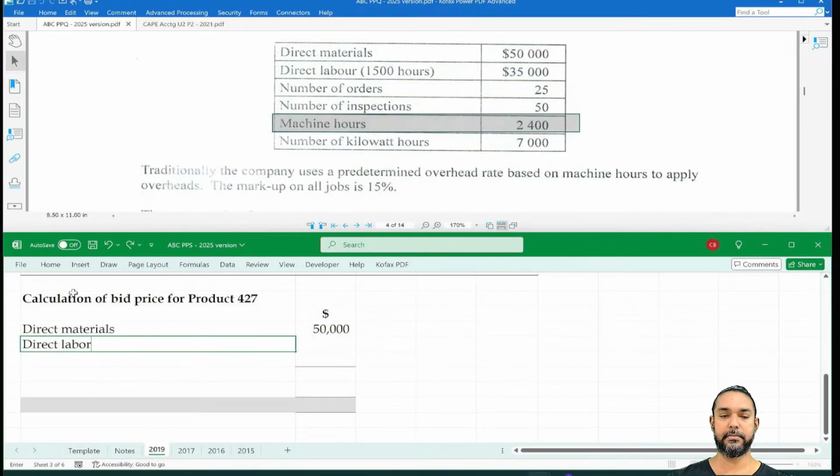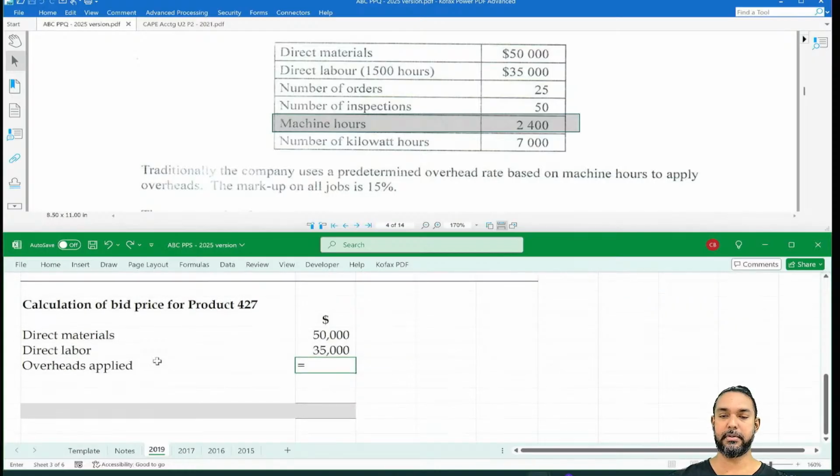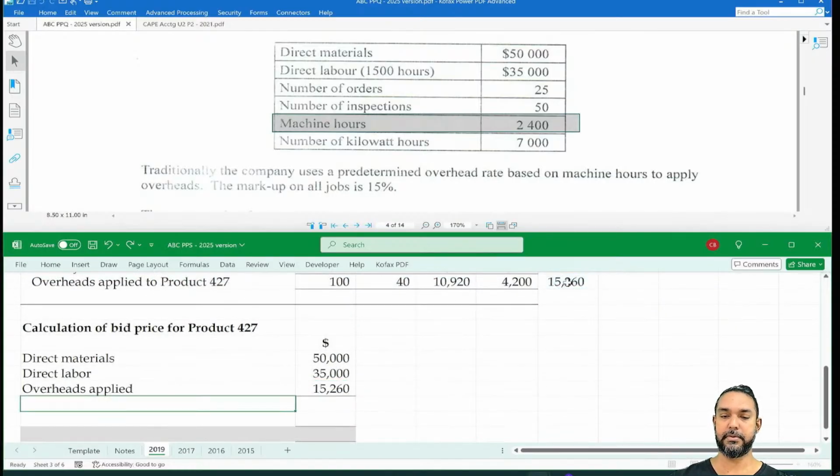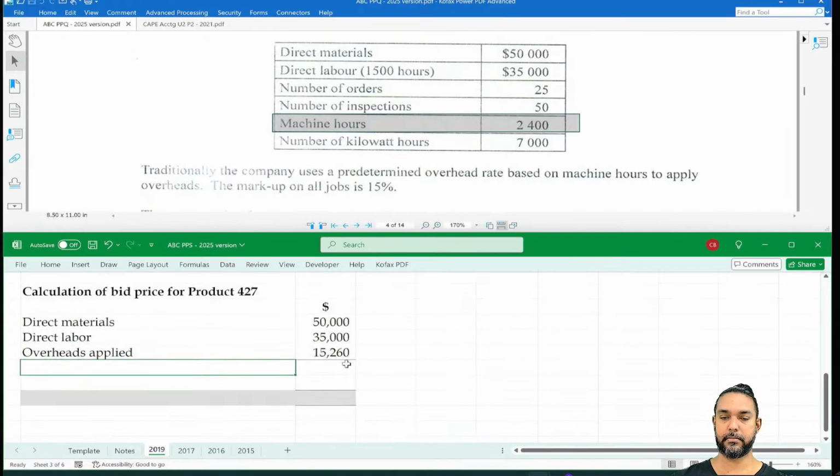Direct labor, which is 35,000. And overheads applied, and that's equal to 15,260. We add that together, we get $100,000, right?